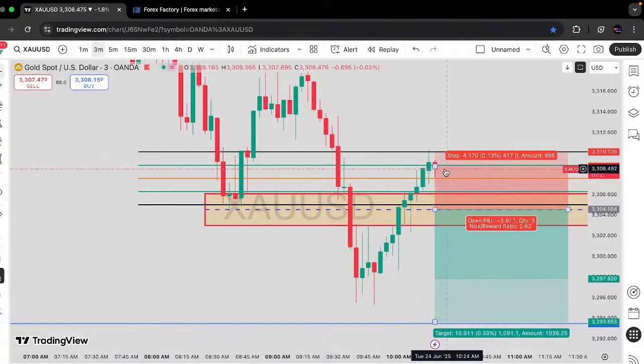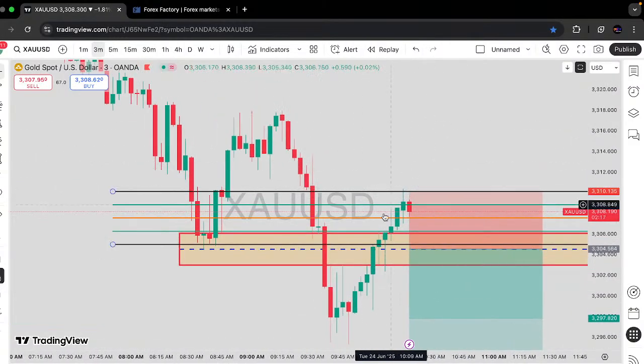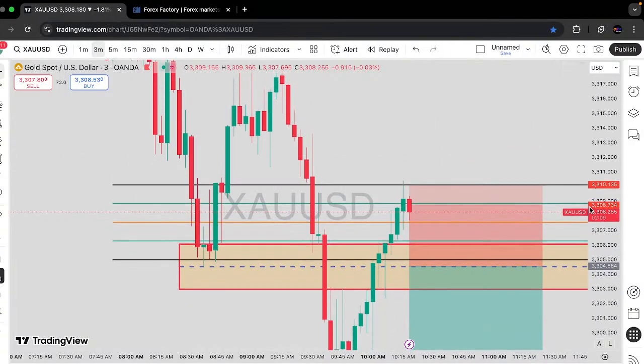So even from the perspective of a trade in gold, this was the stop loss. It's taken here. It's taken.